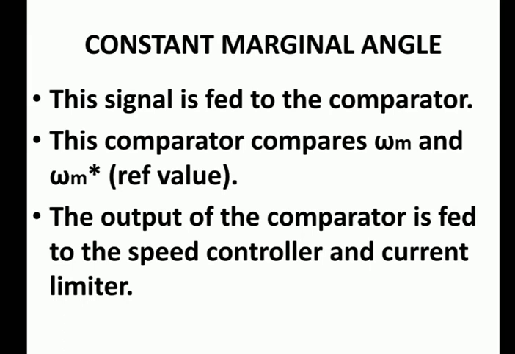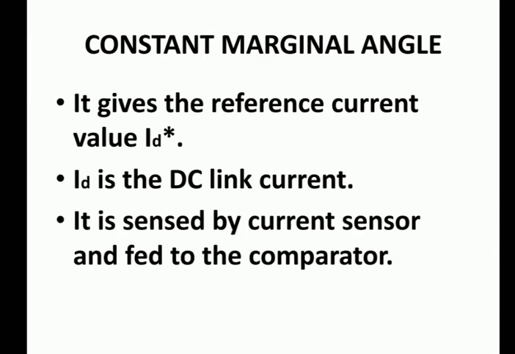The output of the comparator is fed to the speed controller and current limiter. It gives the reference current value ID asterisk. So ID is the DC link current. It is sensed by the current sensor and fed to the comparator.